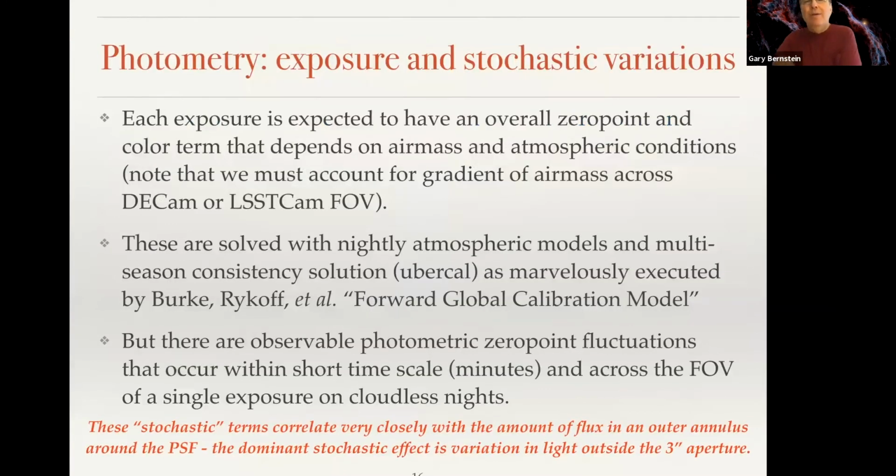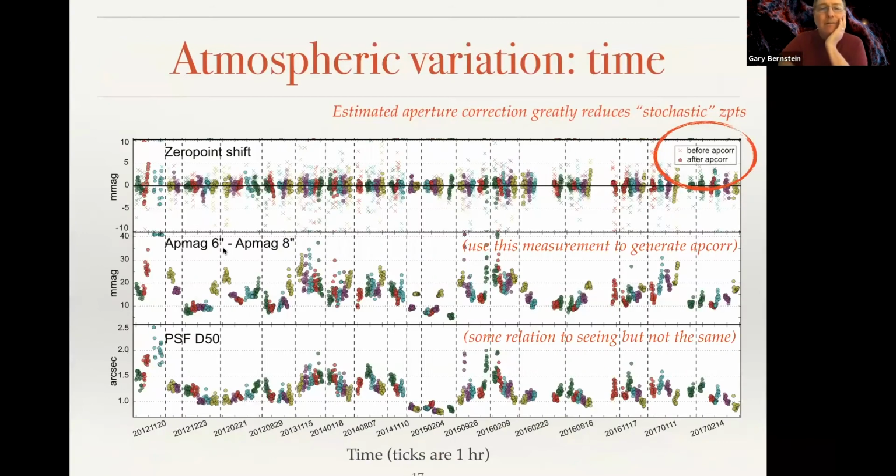Okay, so that's what we do with the terms that don't vary very quickly. Then there are terms that are stochastic, and this very complicated plot here is again a time plot where each tick mark down here is an hour, and these are just different epochs along this x-axis separated by the dashed lines.